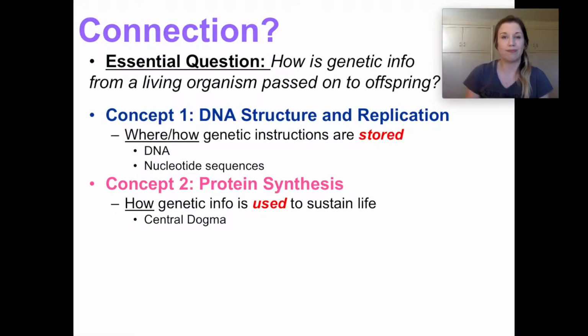To fix this problem, our cells make a copy of our DNA instructions in the form of mRNA, a form that can leave the nucleus and travel to the ribosome, where it can be translated into a sequence of amino acids, which makes up a protein.